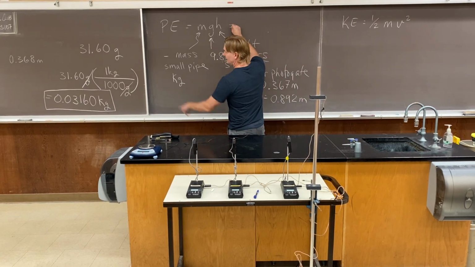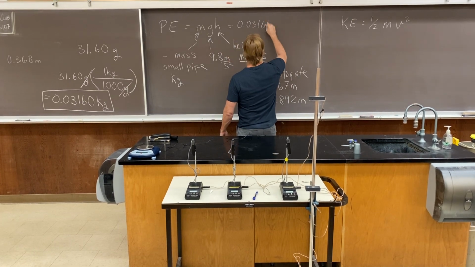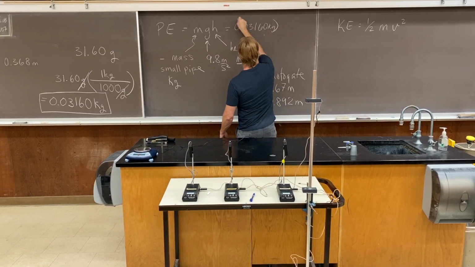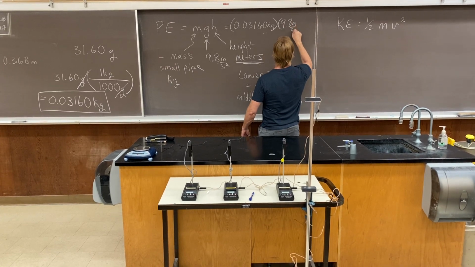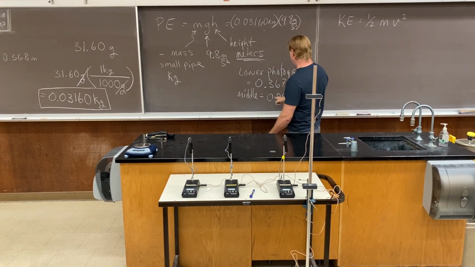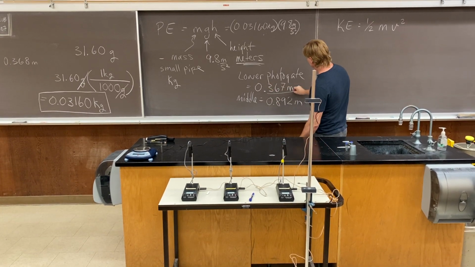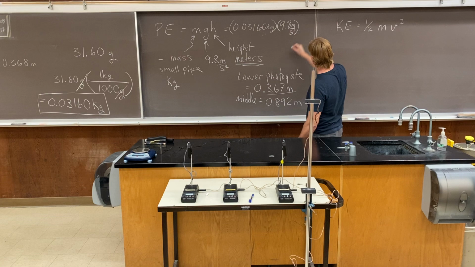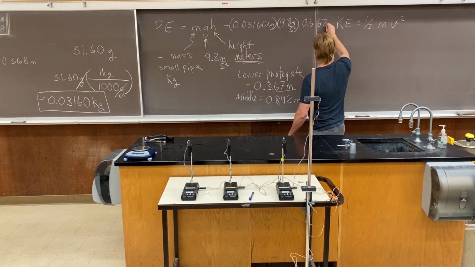So I'm going to take this number, 0.03160 kilograms, multiplied by 9.8 meters per second squared. And then I'm going to multiply that times the height of the lower one, and that's 0.367 meters.